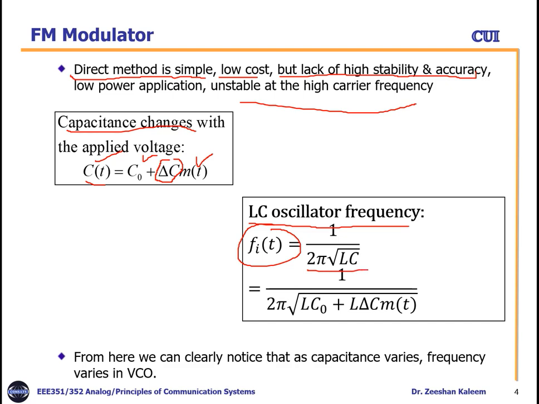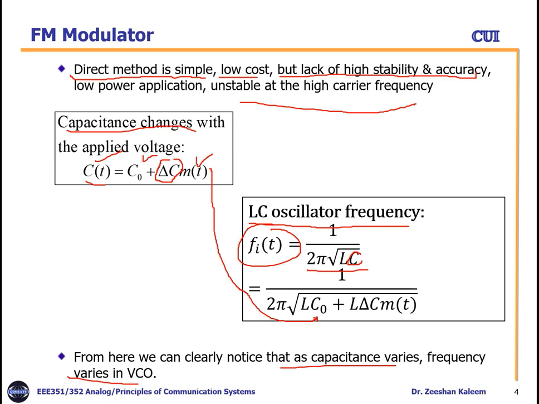This is the LC tuned circuit, and the frequency depends on L and C. So put these C values here, and it becomes square root of L times C0 plus delta C m(t). From here we can clearly notice that as capacitance varies, frequency varies in a voltage controlled oscillator.